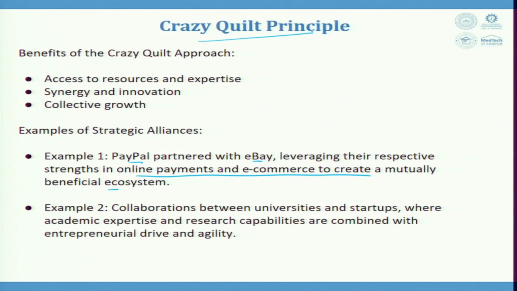That is the crazy quilt principle. My capability, your capability put together. Collaboration between universities and startups, where academic expertise and research capabilities are combined with entrepreneurial drive and agility, is another example of the crazy quilt principle.